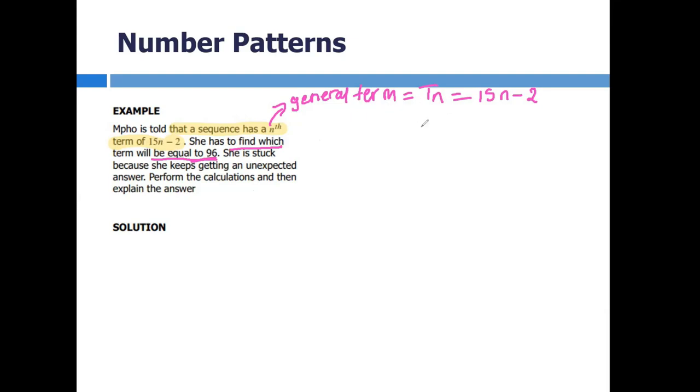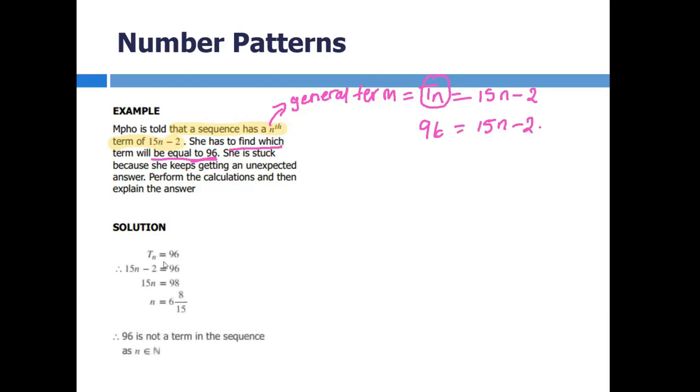So she needs to solve for n when Tn equals 96, which means where Tn is, we must put 96 there, isn't it? And then we go 15n minus 2. So that's what she needs to do. We are going to perform our calculation. Tn is 96, so we equate it, and then we find that n is not really a whole number.